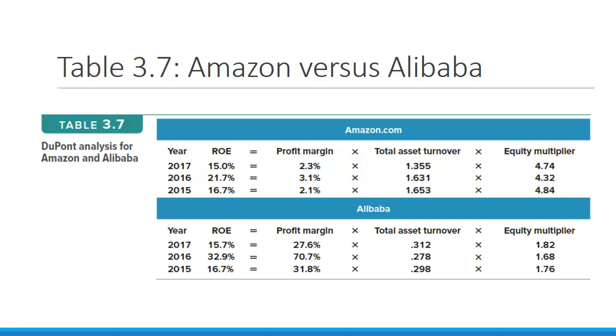For example, Amazon's profit margin is much smaller than Alibaba's. For every dollar Amazon generated in sales in 2017, they kept 2.3 cents. But for every dollar that Alibaba created in sales in 2017, they kept 27.6 cents. So you can see how the total asset turnover, our equity multiplier, and our profit margin are big components of that return on investment.